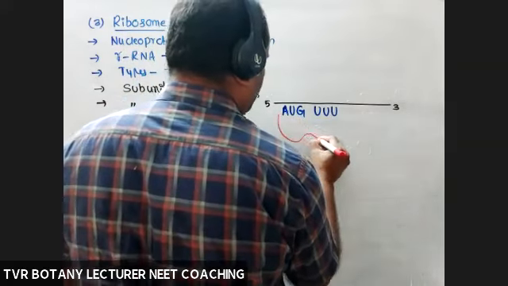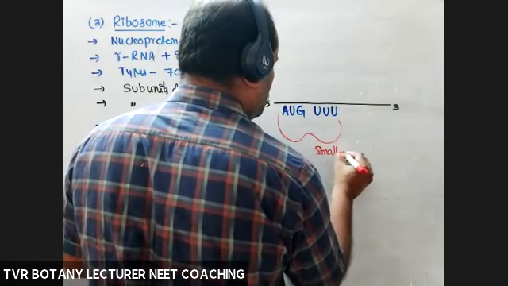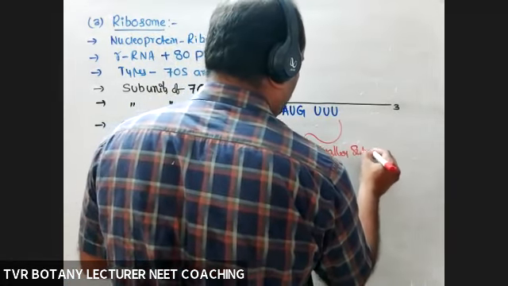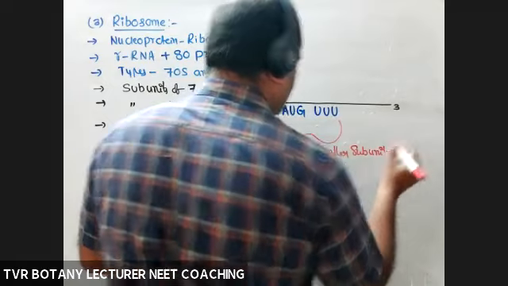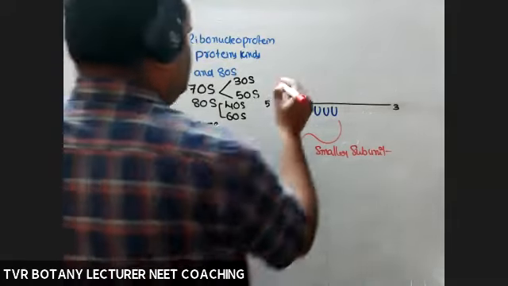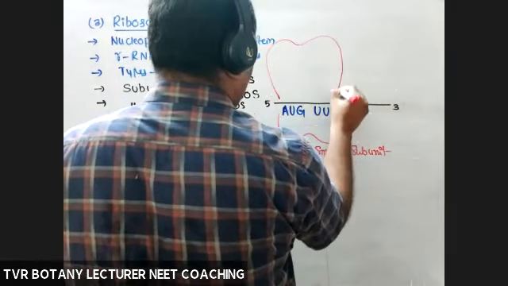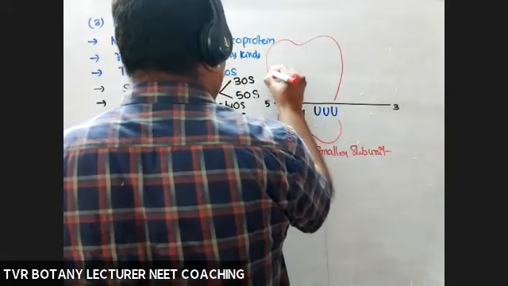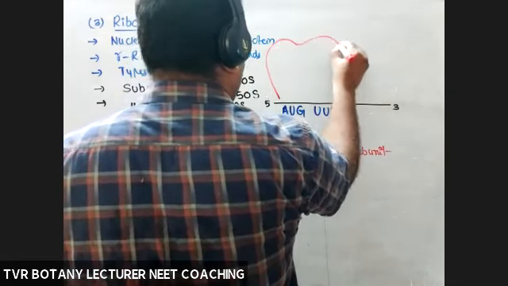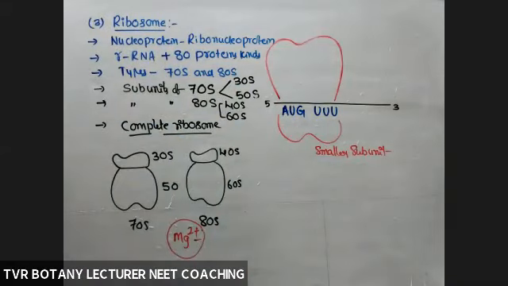First the smaller subunit, either 30S or 40S, and a larger subunit. First the smaller subunit is associated.